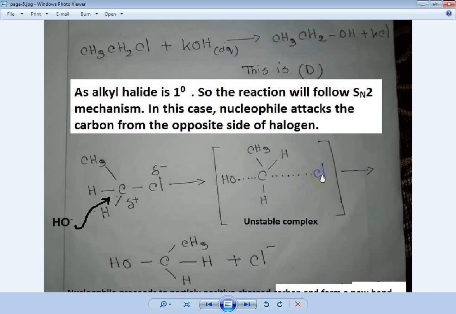This is an atom; sometimes a group of atoms is also involved. Here it is substituted by OH. So here chlorine is the leaving group.